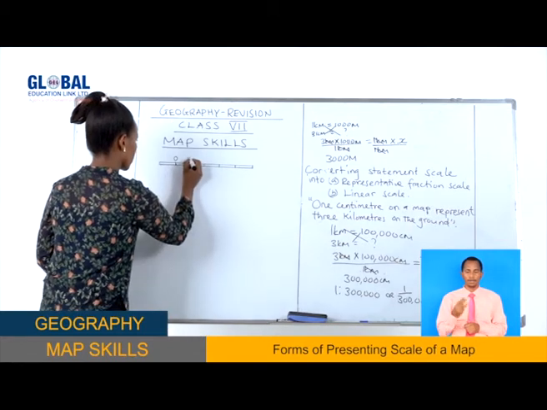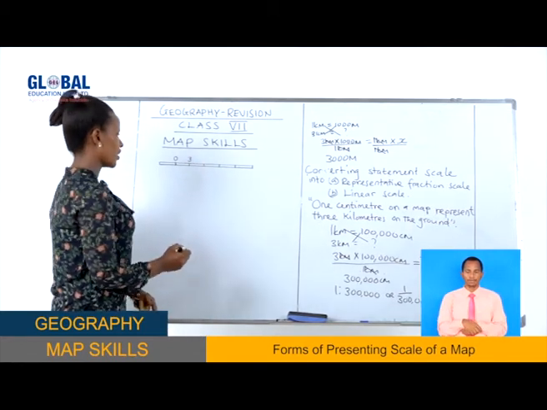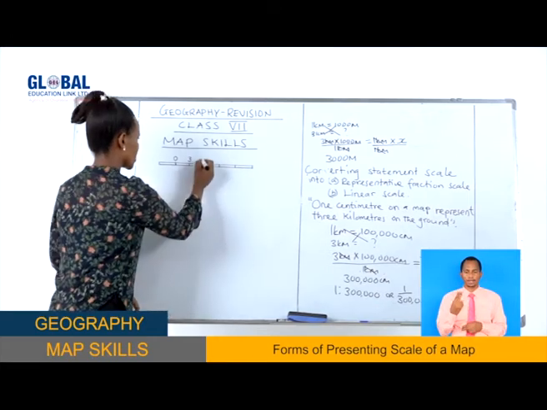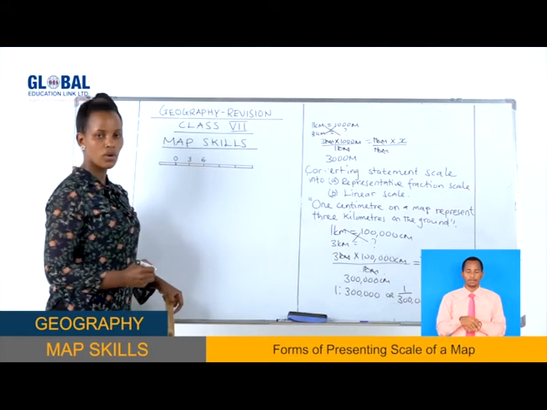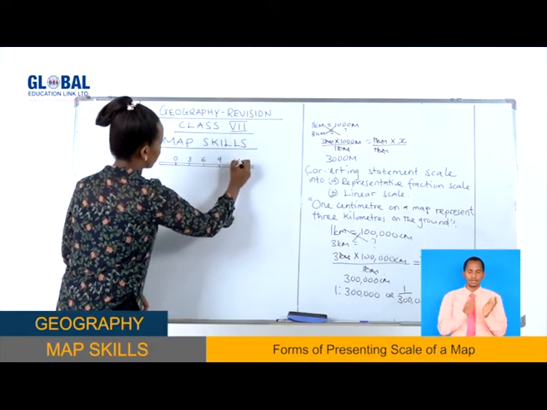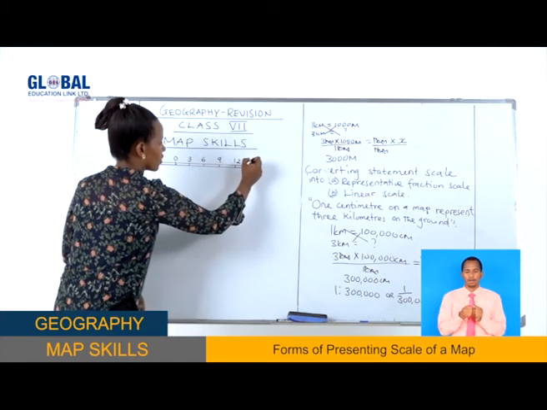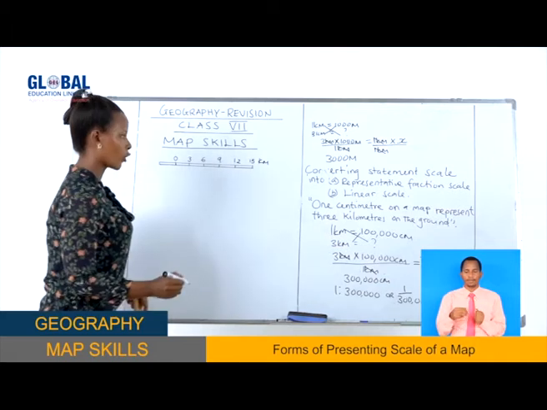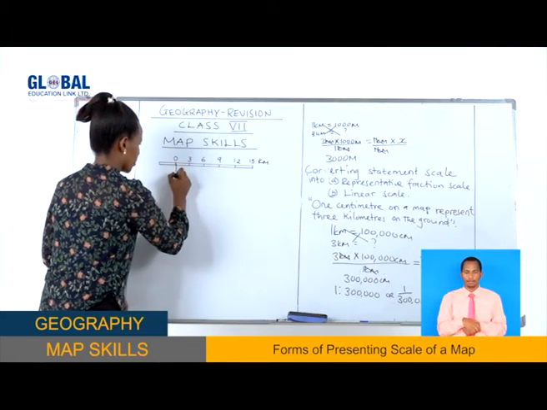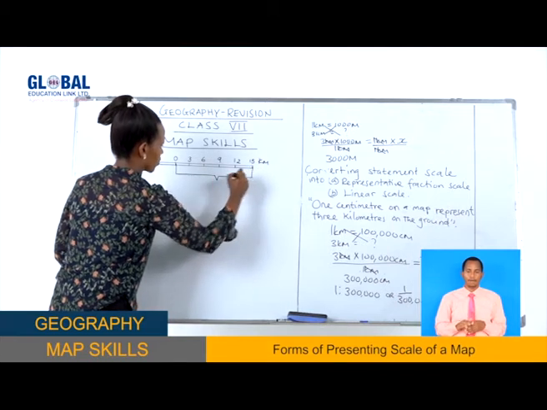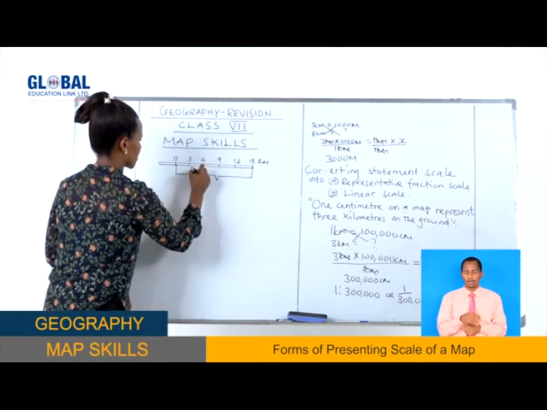Here we go with 3. Then 2 centimeters will be how many kilometers? It means 6. It is very easy. You just go with the table of 3. So 9, 12, 15. This is represented in kilometers, the ground distance in kilometers. And this section is called the primary section.